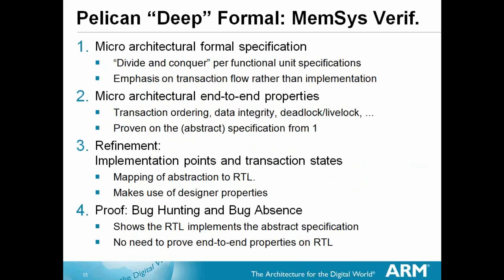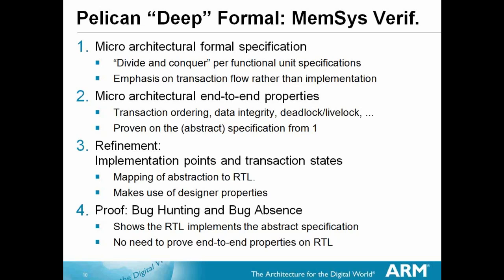So the next thing to do, obviously, is to write properties, end-to-end properties on this specification and prove those on that specification from 1. And then we need to refine this abstract spec down onto the RTL. And crucially, when we start to operate this thing in the formal tool, we'll be making use of also the designer properties to support the invariant around this.